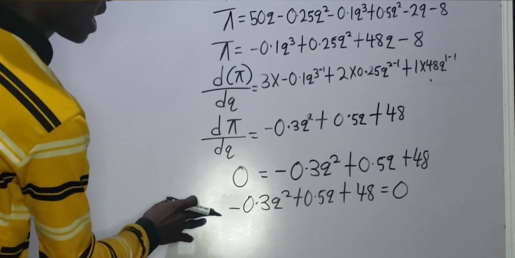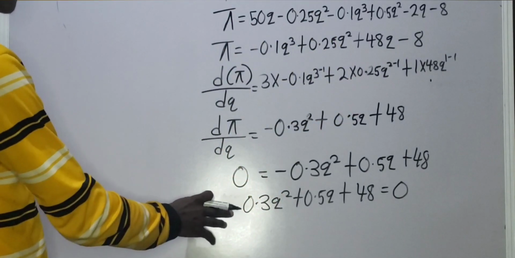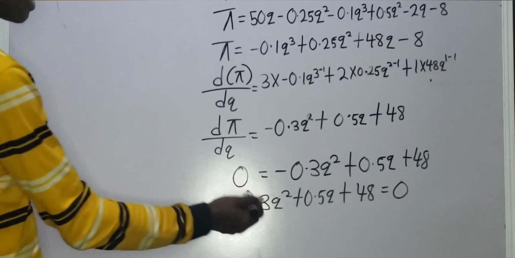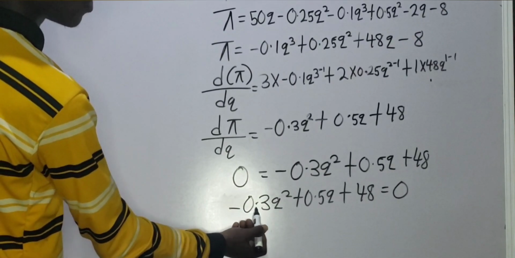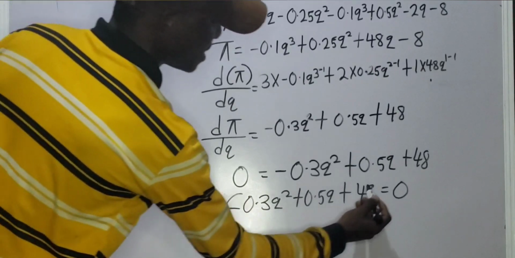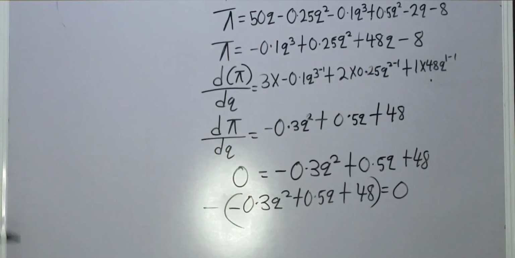Now, since I have a negative sign in front of q squared, I have negative 0.3 as the coefficient. I'm going to multiply the whole function by negative 1. Please, it is very important that you understand this.